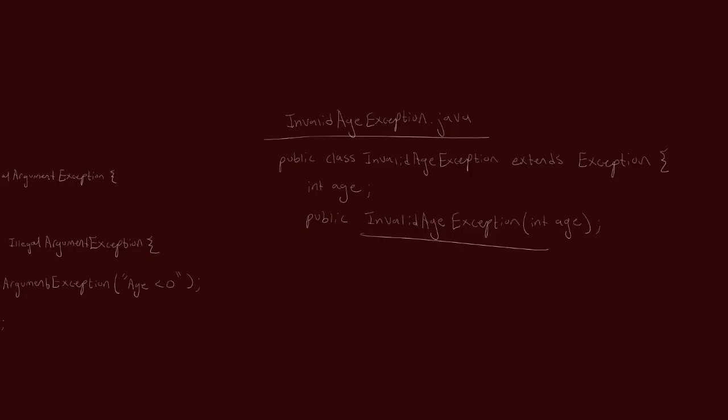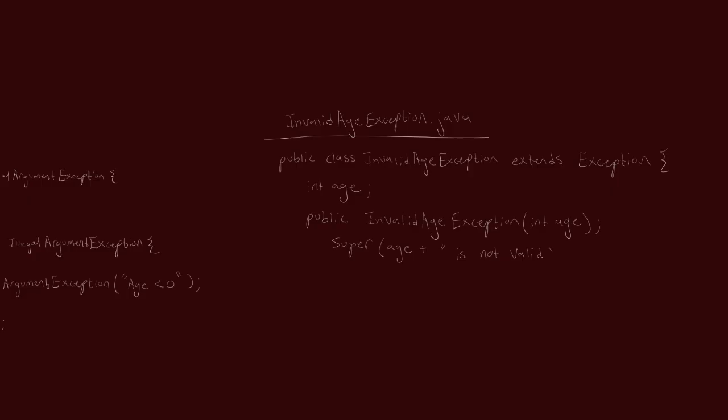So when we throw our InvalidAgeException, there will be a number here that will be displaying our age, and then we'll do this.age. Sorry, we have to do a super first. My bad. We have to do a super because we have to take care of the constructor that's inside this exception. So we can pass in a string, and we can say age is not valid.